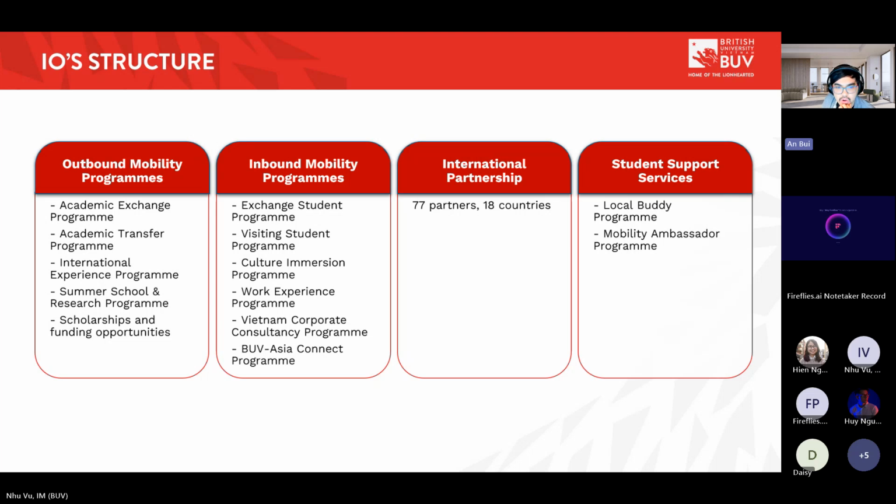For the inbound mobility program, can you talk? So you mentioned culture immersion program being the most important. Yes, so it should be put first. Can you tell me more about how that program is structured for the inbound mobility program, and how it differs from something like a transfer or exchange program?